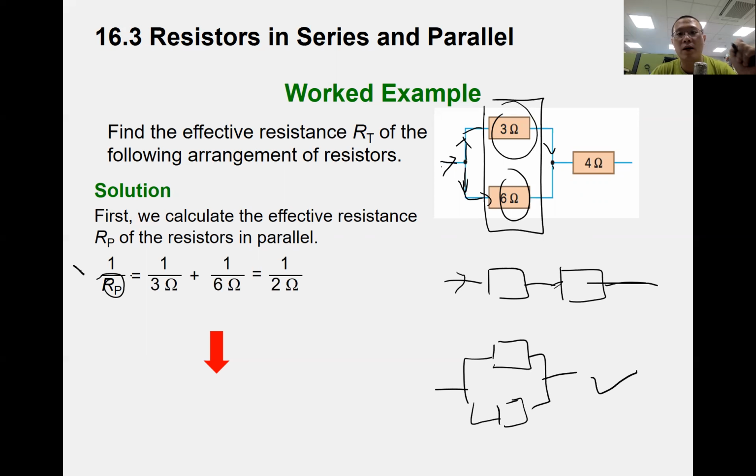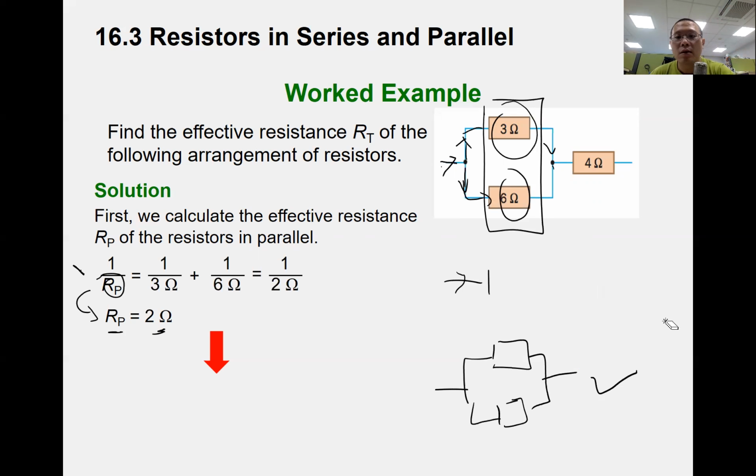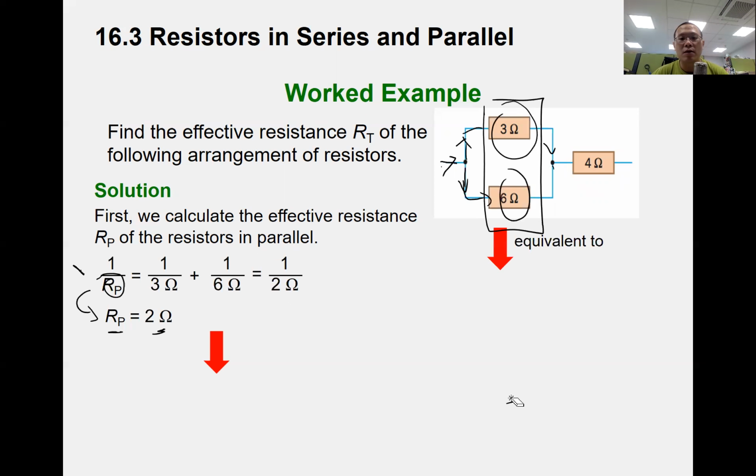I have not found the parallel resistance yet. I need to do one more step, flip it up. After flipping, I know the parallel arrangement will be 2 ohms. So what I have done is merge the 3 ohm resistor and the 6 ohm resistor because they are in parallel. When I merge them together, they become a single resistor, which is something like this, the 2 ohm here.